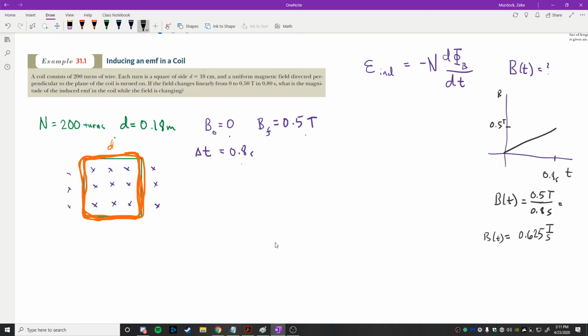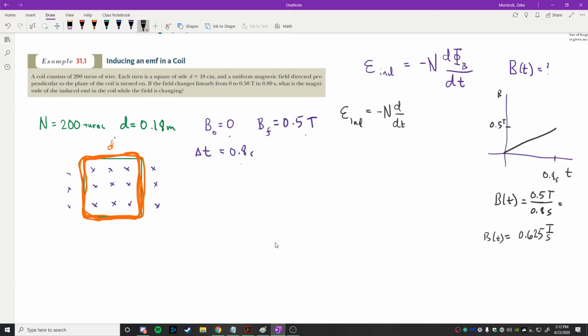Okay, so now that we know what the magnetic field is, we can say our induced EMF in the coil. And how is this EMF going to be induced? Well, there's going to be a current that's going to flow through this coil as a result of this. We'll talk about that in a second. So the induced EMF is going to be equal to negative N. I'm going to do one more step here before I plug numbers in. So it's d dt.